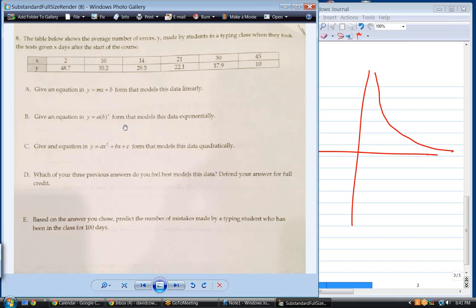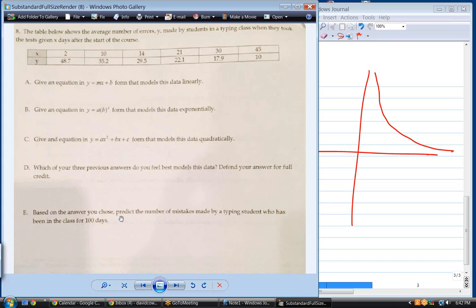On B, R squared was positive, 0.99. I don't know how it could be negative. If it's just R squared, it's always going to be positive. So that's why they give you R squared, because you can compare positive numbers to positive numbers, instead of comparing a negative R there to a positive R there, and so forth.